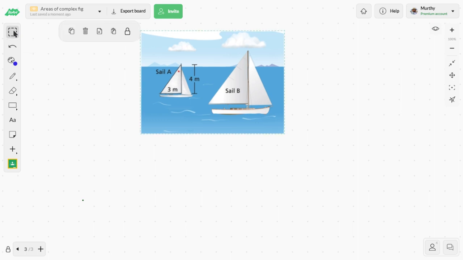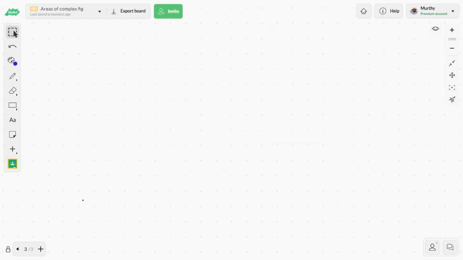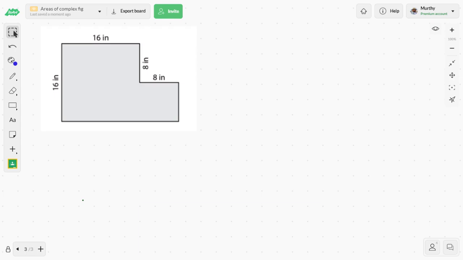Well, let me take some complex questions. In this question, you have to analyze the diagram. This is in the shape of a combination of two rectangles. So you may divide this one like two rectangles.